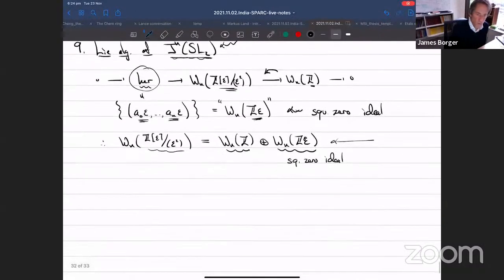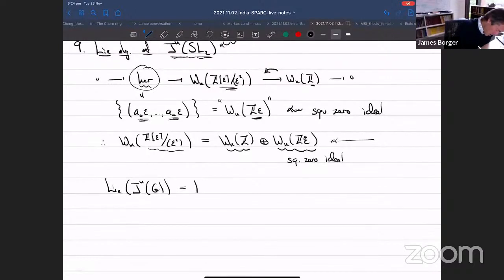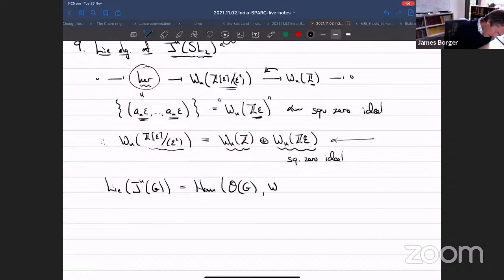So when we compute the Lie algebra, what is it? The Lie algebra of JnG is, I don't want to say it, the homomorphisms from the coordinate ring of G to the bit vectors of the dual numbers.